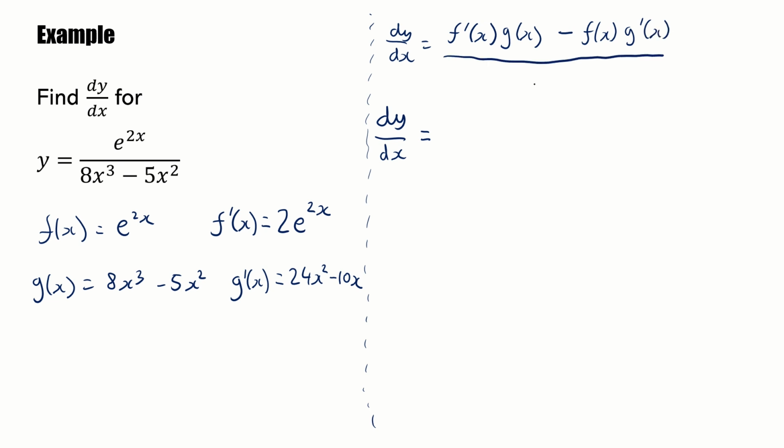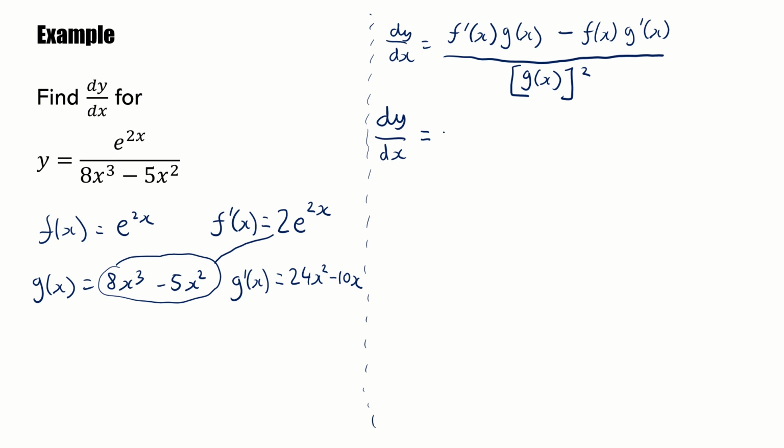It therefore does matter which way round you choose them, which is different from the product rule because we're adding the two bits that were being multiplied together. That meant it didn't matter which combination you tried first because, hey, we're adding, whereas now we're taking away, it does matter. So therefore, as a result, we're going to have the 2e to the 2x multiplied by the other thing down here.